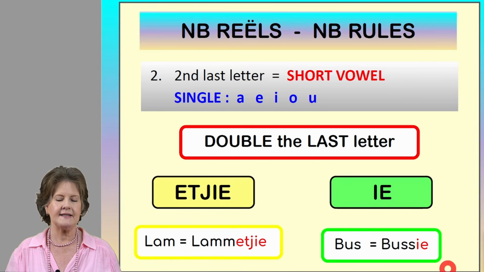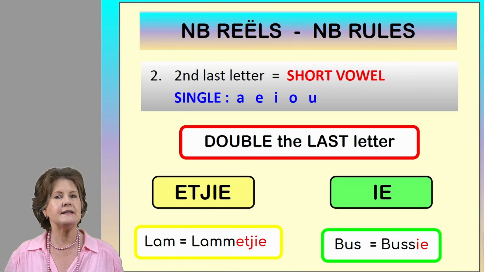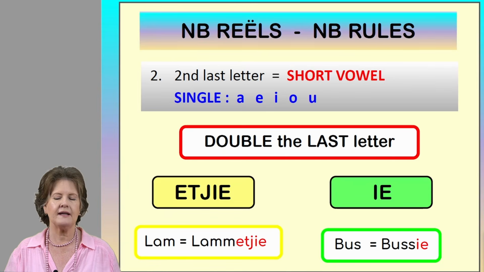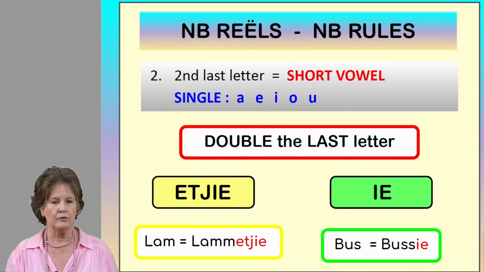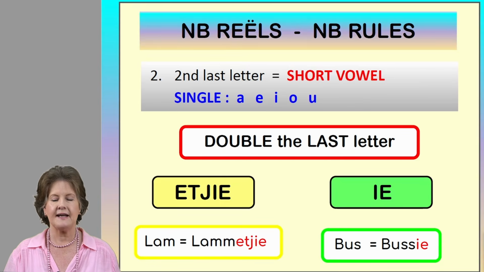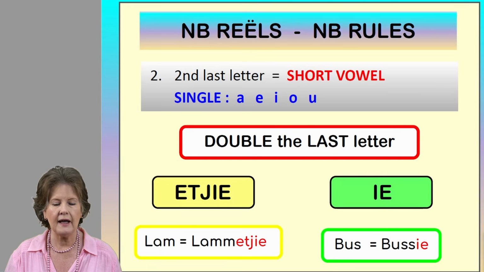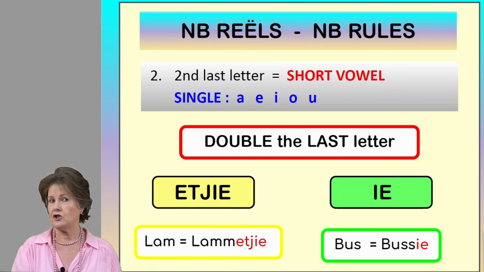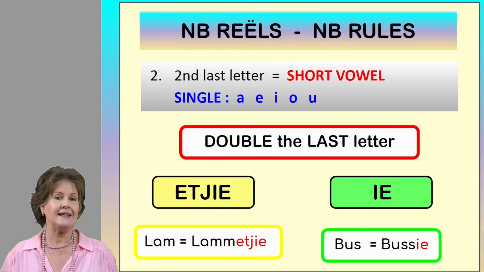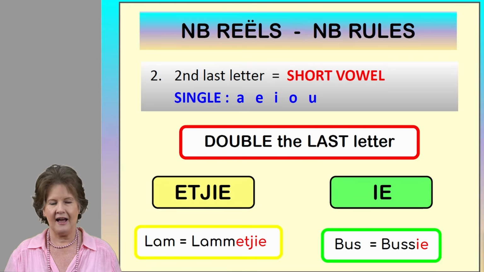You can hear it's TJIE. Do you say bissie or bistjie? You can hear it is IE. So all you need to learn is the rule. You need to know if there's a single short vowel as your second last letter, you double the last letter and then you need to choose between TJIE and IE. And that is rule 2, your short vowel rule.